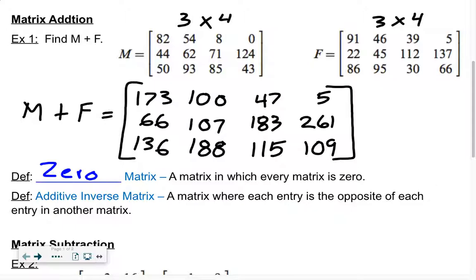Suppose I asked you, going back to last week, what would be the additive inverse of 4? Good review. Yeah, -4. So 4 and -4. What would be the additive inverse of -7? 7, and so on. Opposites. That's all it is. So we can use the same concept when we work with matrices as well. It's called the additive inverse matrix, and we'll get to that one here in a little bit.